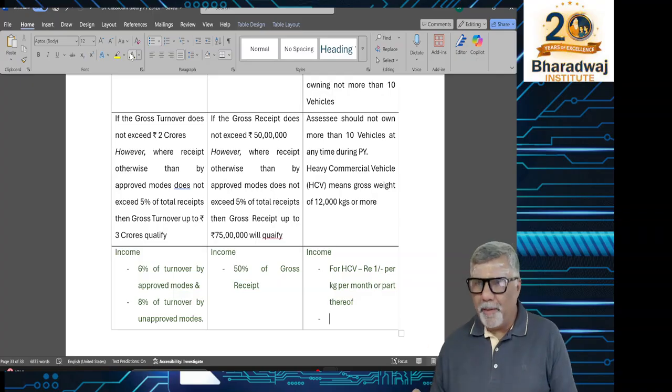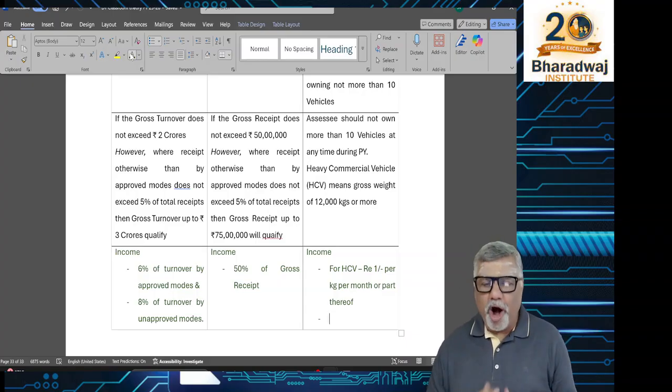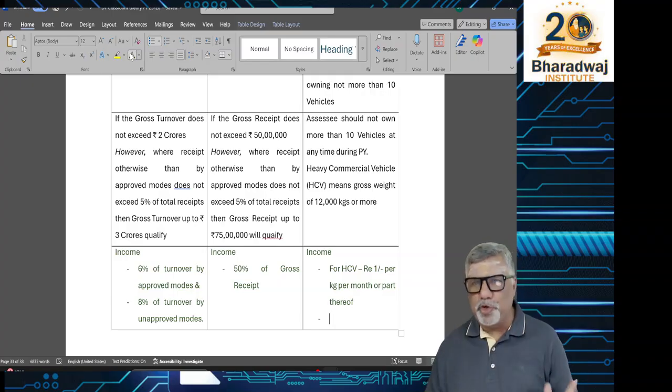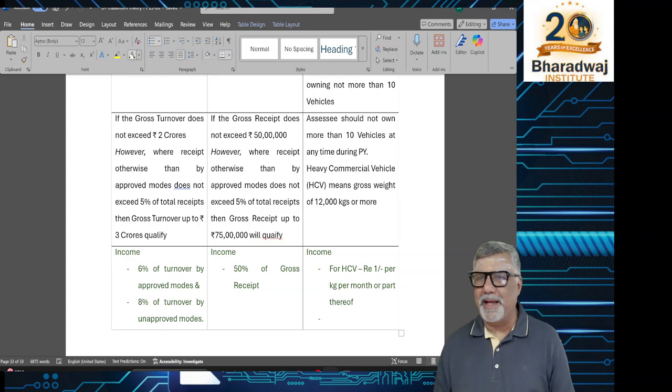Rupees 1 per kg per month. So I have a vehicle of 14,000 gross weight. 14,000 into 12. Irrespective of whether I am using it for the whole month or part thereof, means even if I have used it for 1 day, even if I have purchased and not used it, this will be computed.